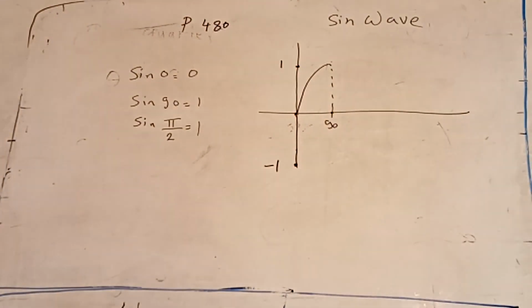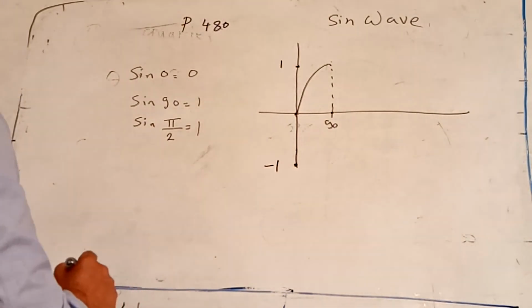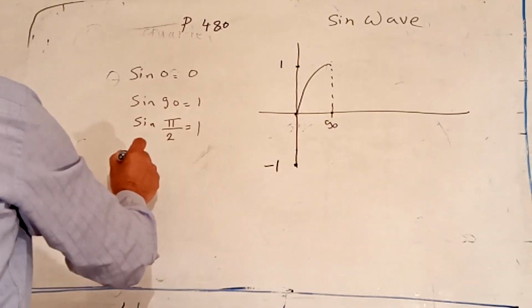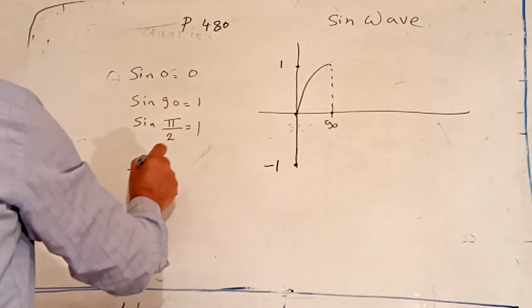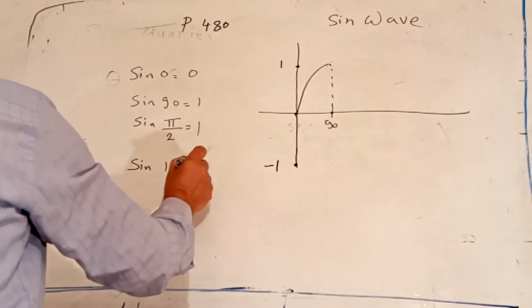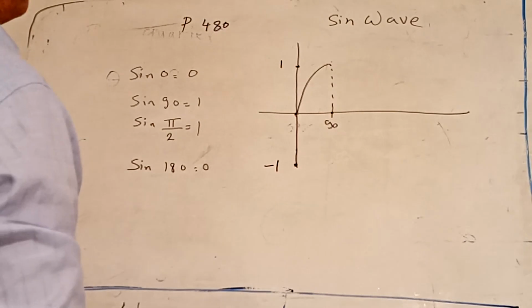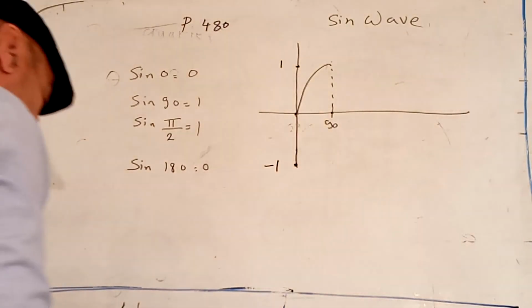At 180, we know that sine 180 equals 0. Sine 180 equal to 0.